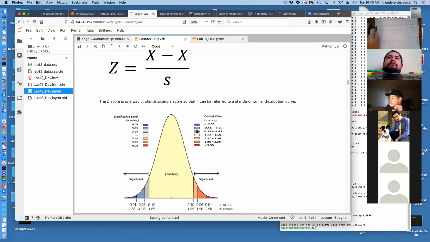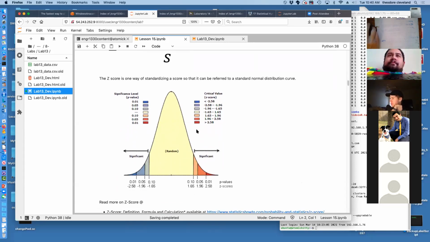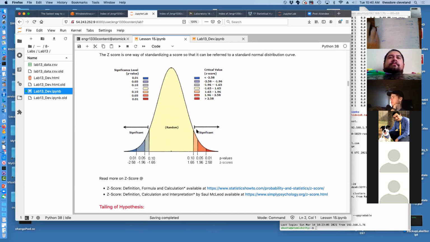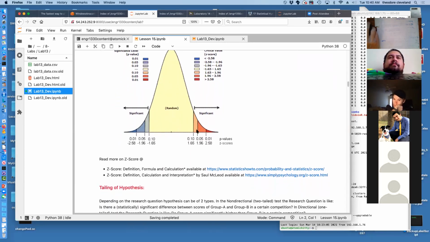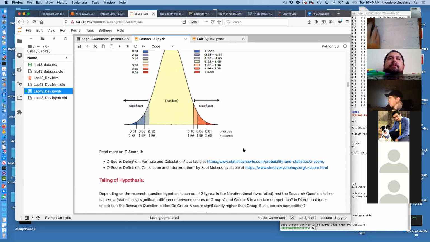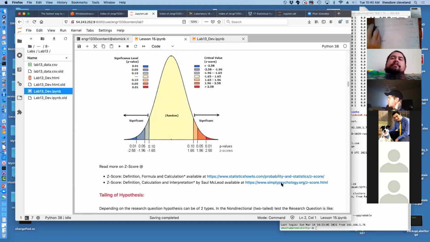It's one way of standardizing a score, and so it can be referred to with a standard normal distribution curve because we can go look those curves up in tables in the back of our statistics book, which we haven't had the statistics class yet, but someday you will. Assuming they still use books by the time you take it, there'll be tables in the back of the book. You can learn more about these at the statistics how-to on z-scores and simple psychology.